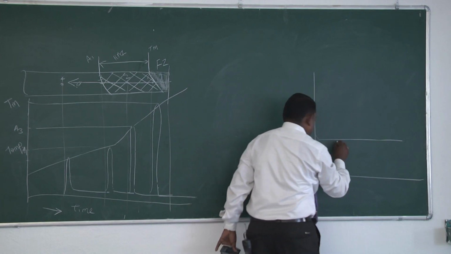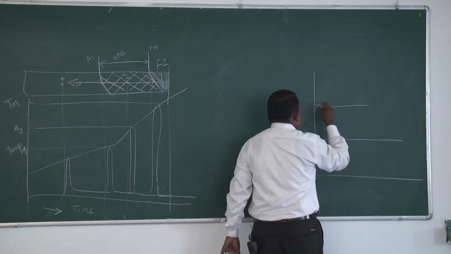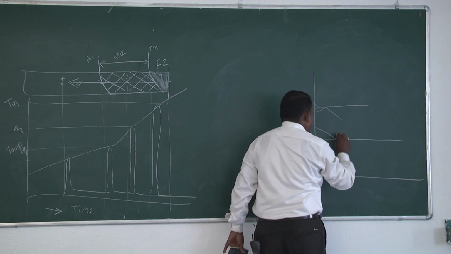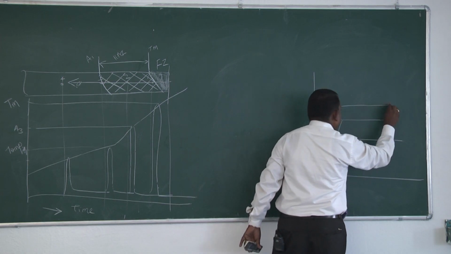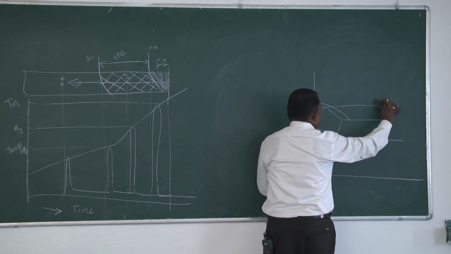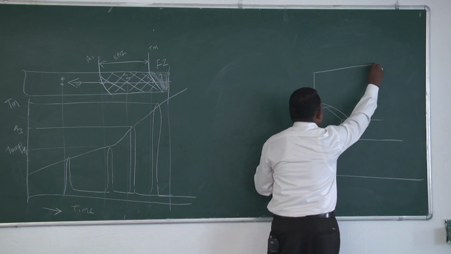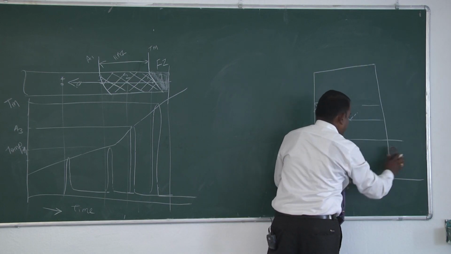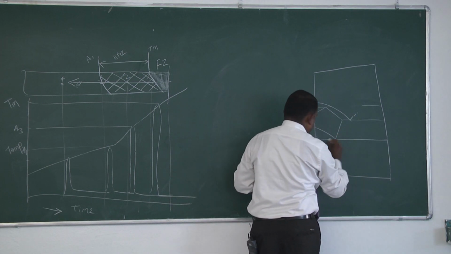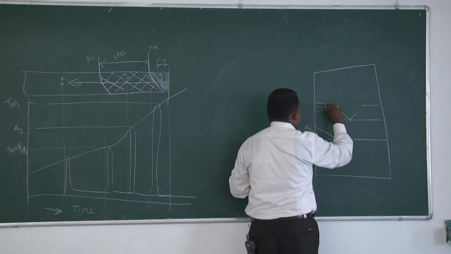This is your A1 line, this is your A3 line, and this is your peritectic point.